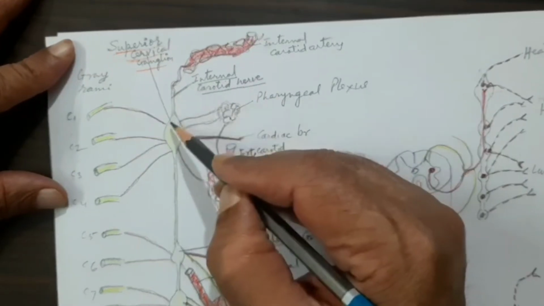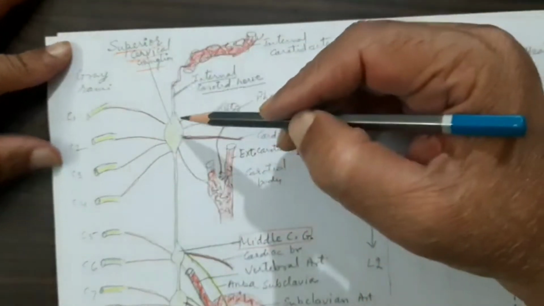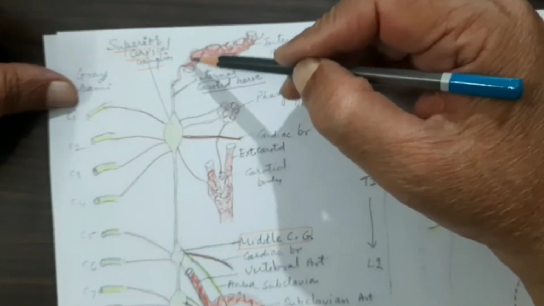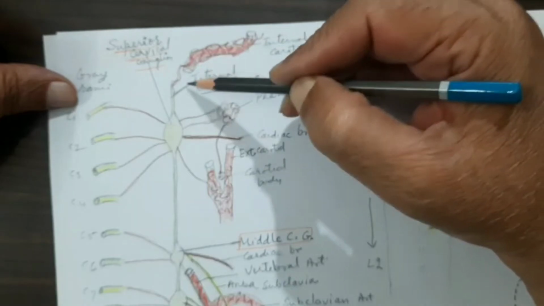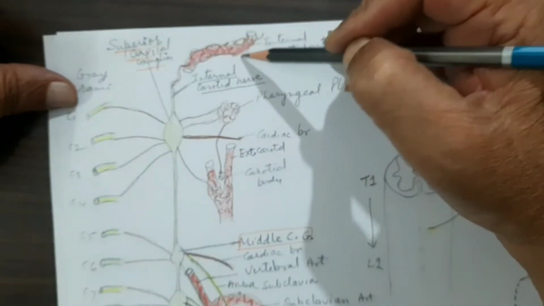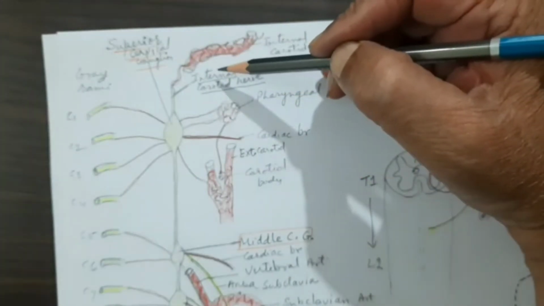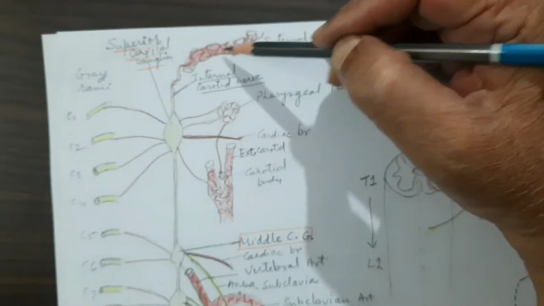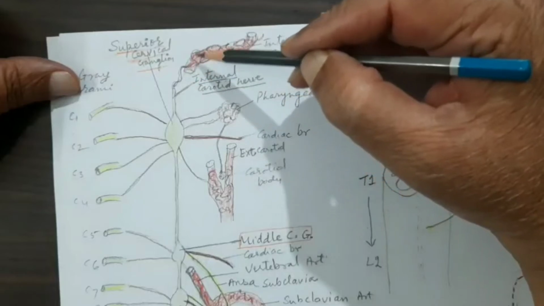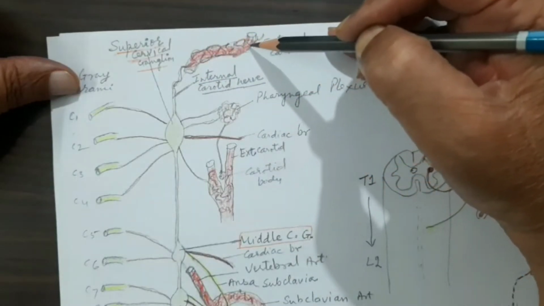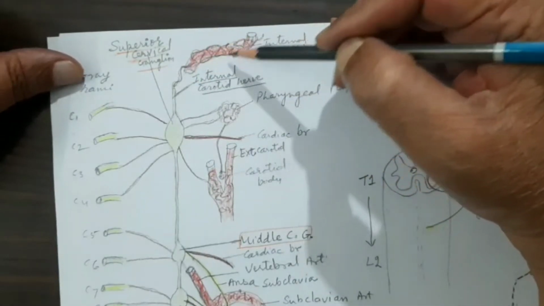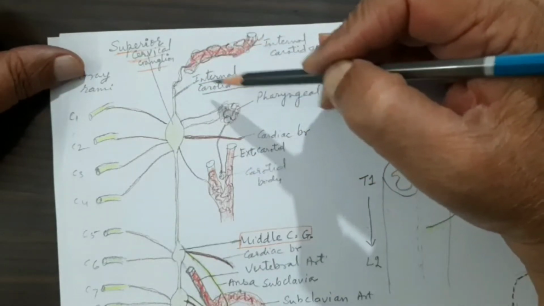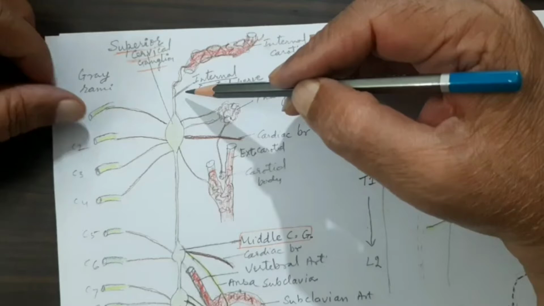So this nerve, coming out from the upper pole of the ganglion, will soon form a plexus around the internal carotid artery, which goes inside the carotid canal and then comes out to form the plexus in the cavernous sinus. So the sympathetic nerve fibers form the plexus here, surrounding the artery, which originates from the internal carotid nerve.